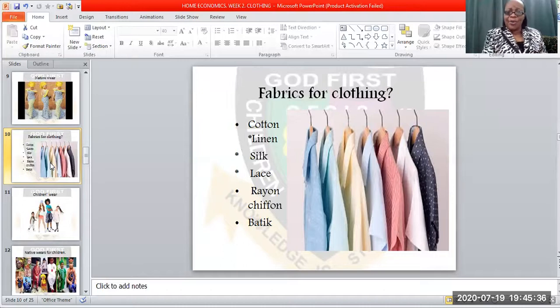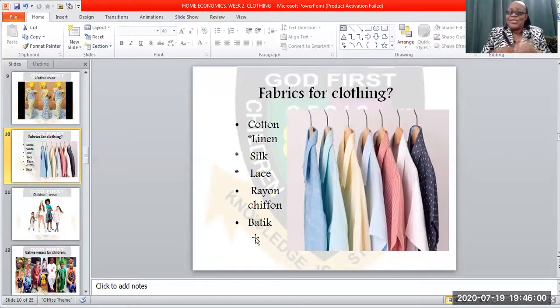So there are fabrics, which we understand as materials used for making clothes. We have, for example, cotton, linen, silk, lace, rayon, chiffon, and batik.